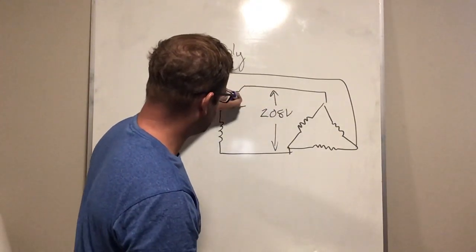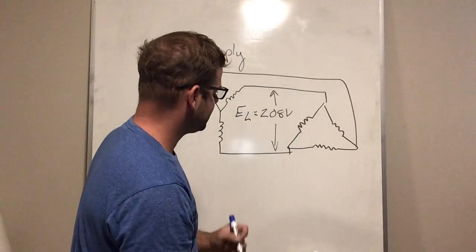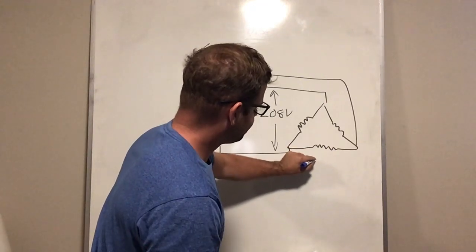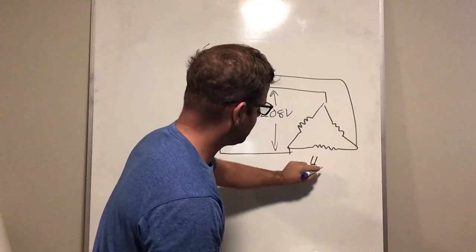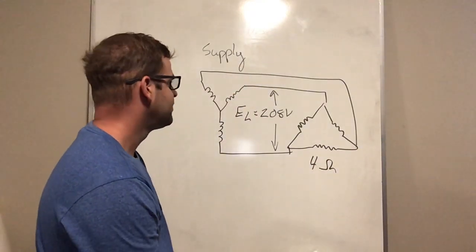So that's our E line, and we are going to have a resistance of 4 ohms per phase.